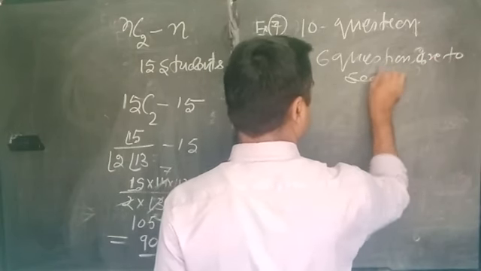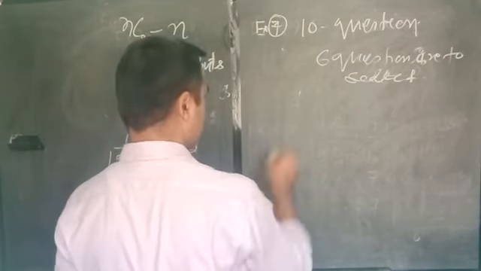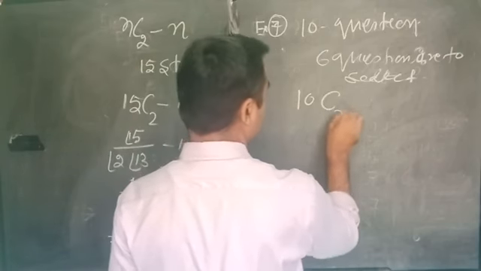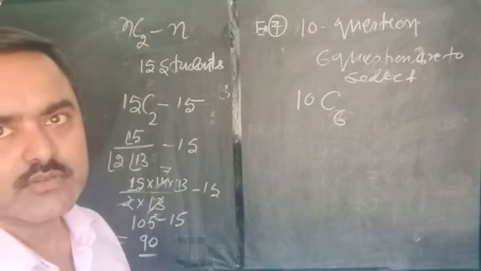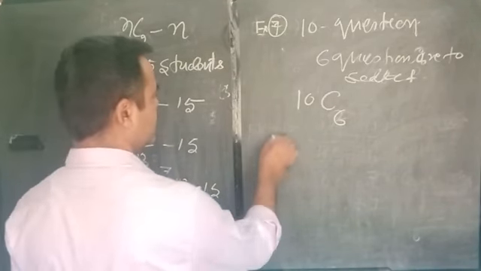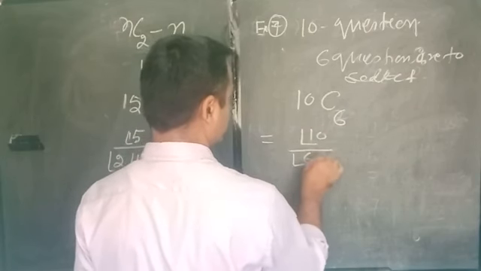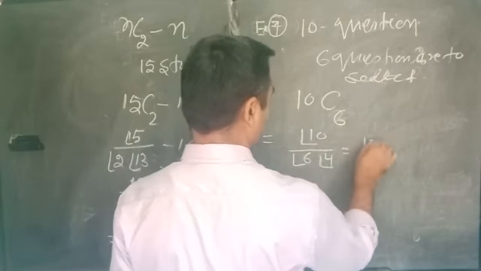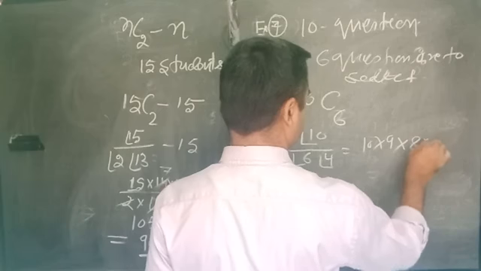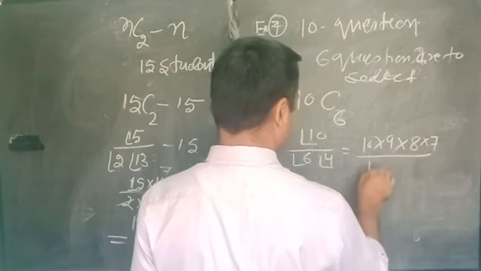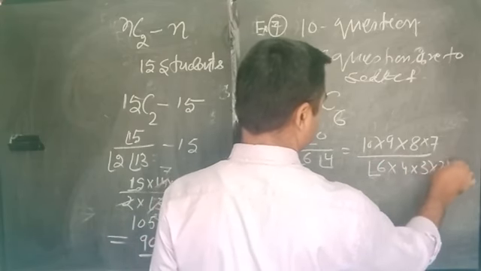You know there are 10 questions in total, of which 6 questions are to be selected. So the total number of possible ways is factorial 10 upon factorial 6 into factorial 4, which is 10 into 9 into 8 into 7 divided by factorial 6 into 4 into 3 into 2 into 1.